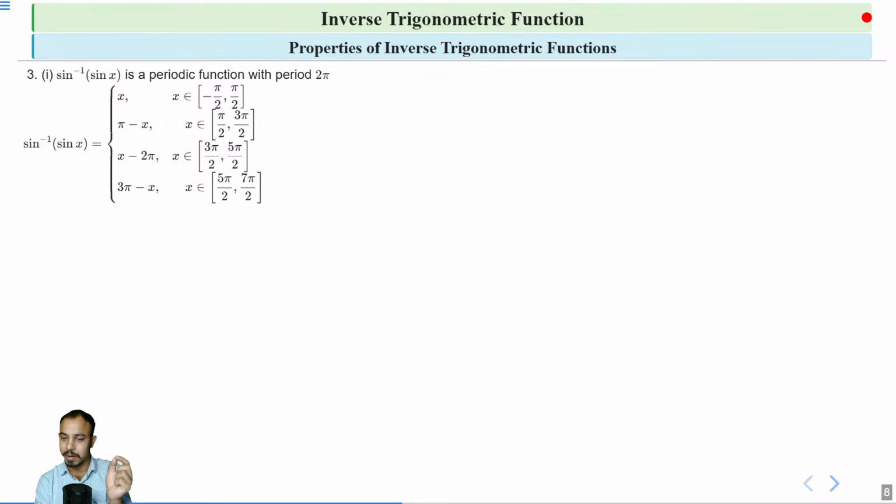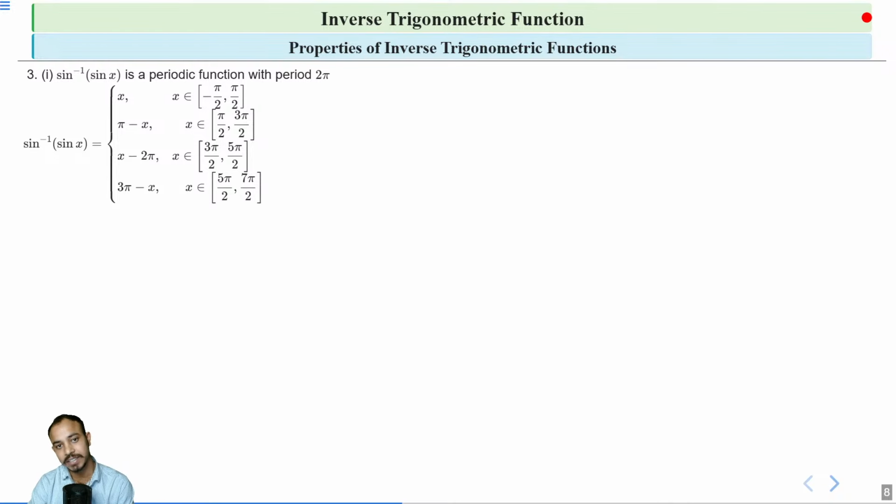When x belongs to the closed interval 3 pi by 2 to 5 pi by 2, then sine inverse of sine x is x minus 2 pi. When x belongs to the closed interval 5 pi by 2 to 7 pi by 2, then sine inverse of sine x is equal to 3 pi minus x. So you have to keep in your mind these ranges.